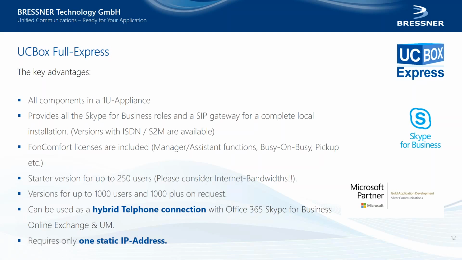If the user is in a first call, a second call could be configured as busy. So it is signaled to the outside network, to the PSTN, with SIP message 600 busy everywhere. So the caller will be rejected from the beginning, so there's no cost. So there's a really busy on busy functionality.